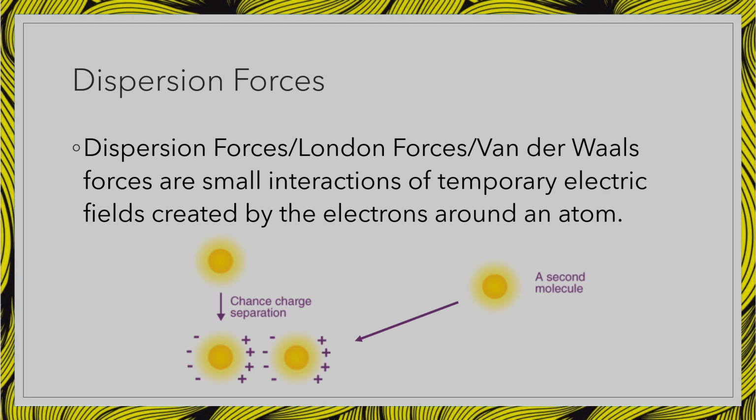So we have that attraction between opposite charges. That will then affect the third, that will affect the fourth, and so these interactions lead to stronger intermolecular forces. Okay, so from nothing, when there's no chance charge separation, there's no interaction. But when there is a chance charge separation, we get attraction occurring between them.